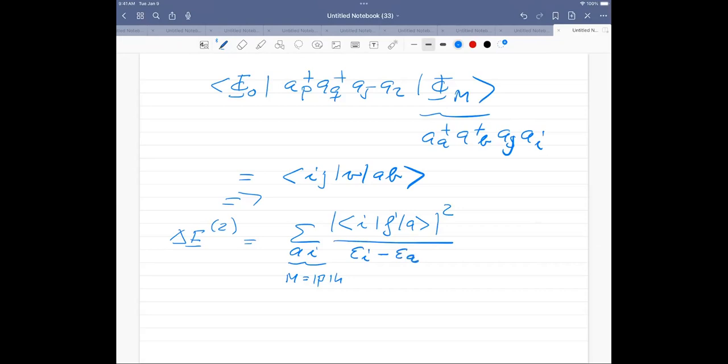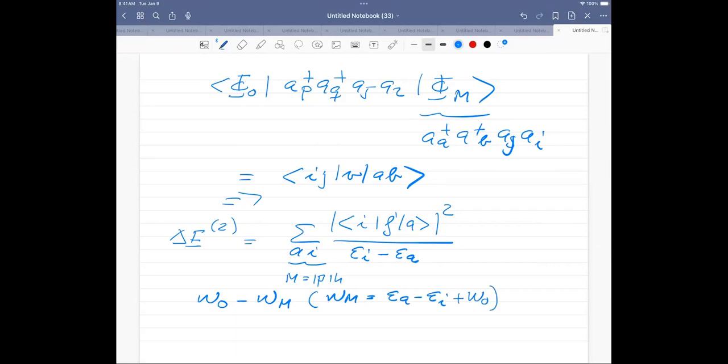So how does that come through? So we have W0 minus Wm. So Wm in this specific case is actually given by epsilon A minus epsilon I, as we calculated yesterday, plus W0.